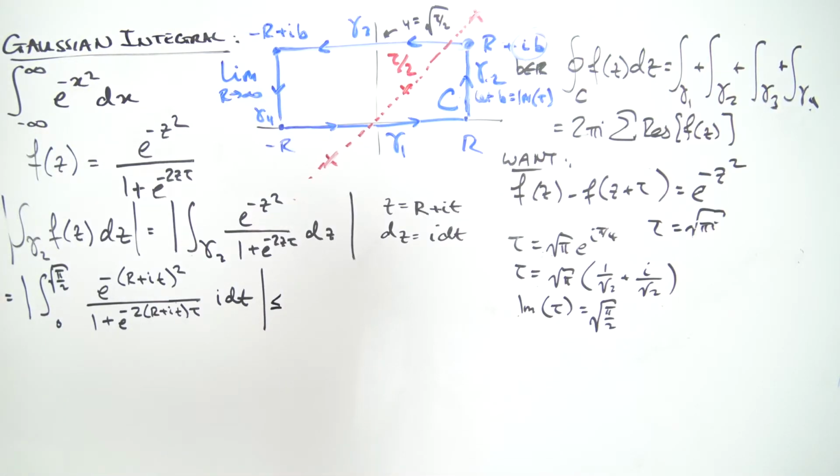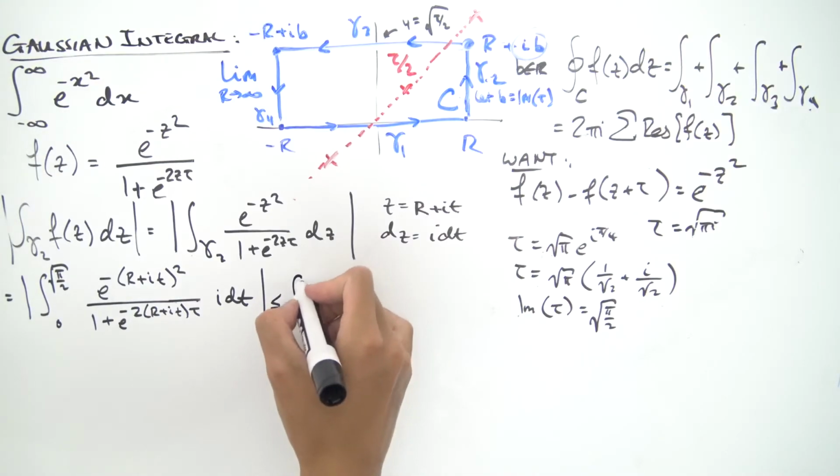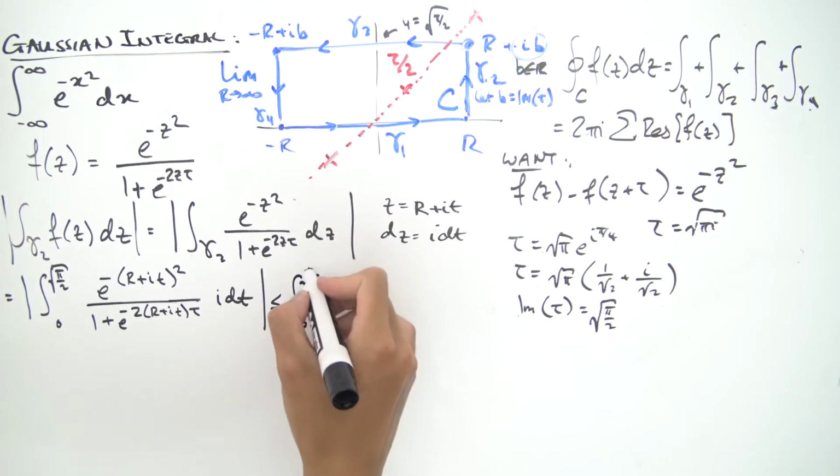And notice now we're integrating with respect to a real variable, so let's use the integral inequality, and we can say this is less than or equal to the integral of the absolute value of the integrand. So we're going to have the integral from 0 to the square root of π over 2.